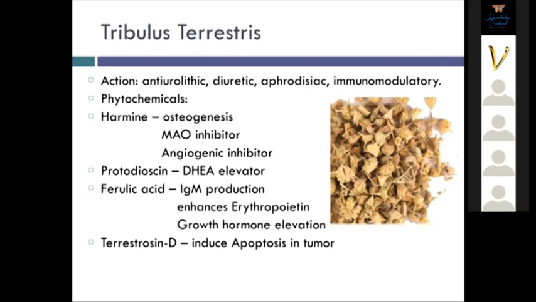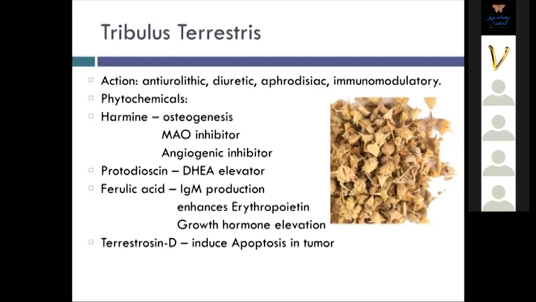So the increase in the level of ROS helps to kill the bacteria or microbes which enter the body, thereby increasing the IgM production. IgM production is the first line of defense during the immunomodulatory action. So IgM is increased first, followed by the increase of the cytokines or white blood cells or whatever it is. So first action is IgM production, and ferulic acid of the triglycerides helps to increase this.